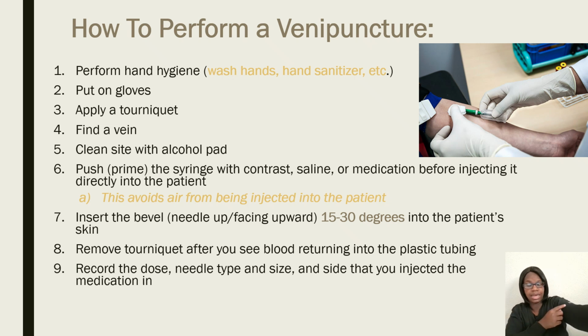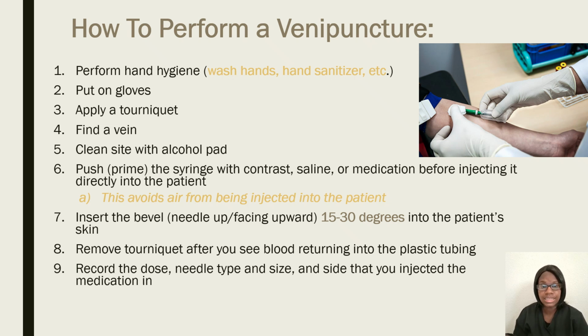You will apply it right here, or if you're going in the hand, you will apply it right here on the wrist area. In order to have a vein pop up, you cannot find a vein without the tourniquet being applied. Some patients do have veins that poke out where you can see, but the ultimate goal is to use a tourniquet before starting an IV or drawing blood.